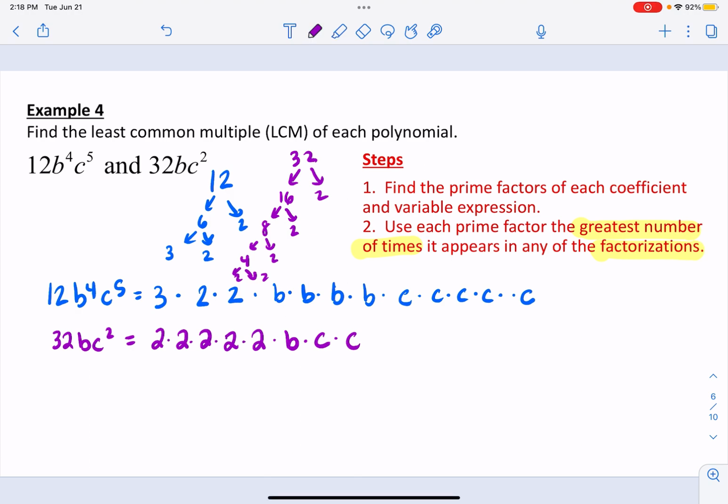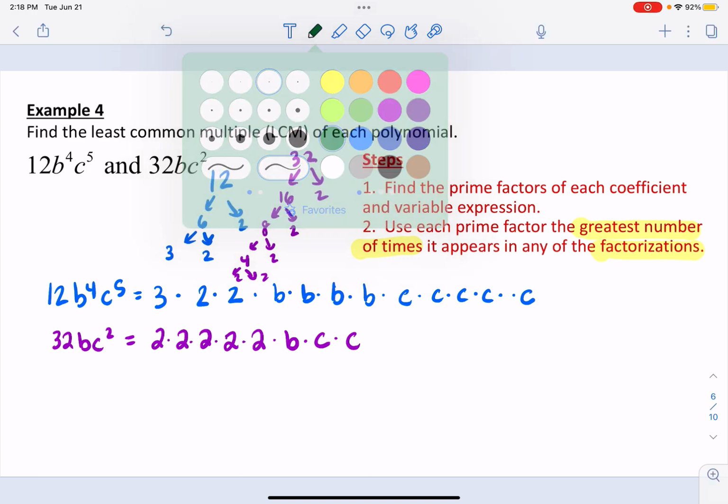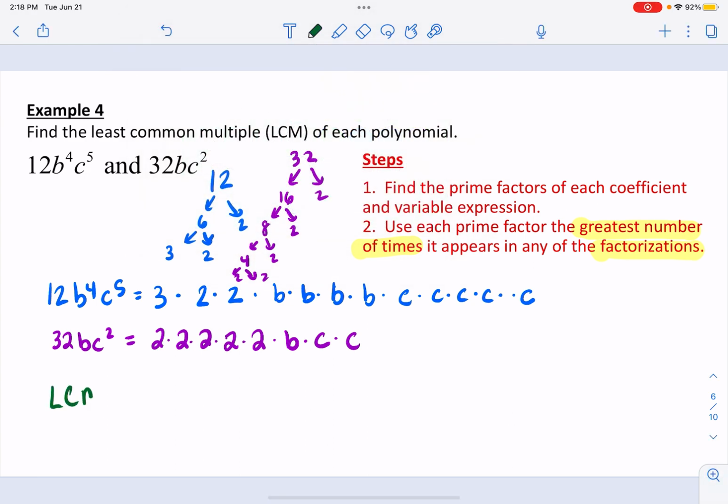So my LCM here, I have 3 once, so 3 has to appear. I have 2, not 2 times, 5 times. Okay, so you always go with the highest number that appears, the highest exponent, essentially.